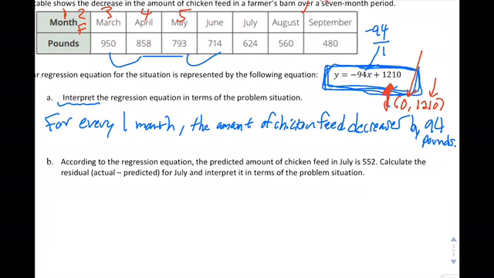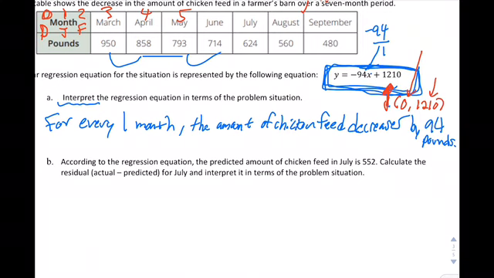And 1 is right before February, which is January. And right before 1 is 0. This is kind of weird because you have to go back into the previous year. Before January is December. So when it says 0, we're talking about December of the previous year.